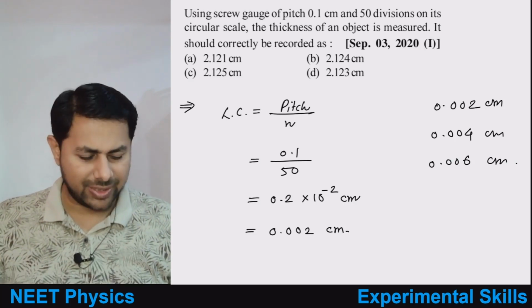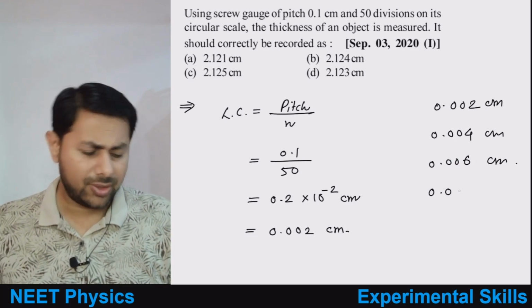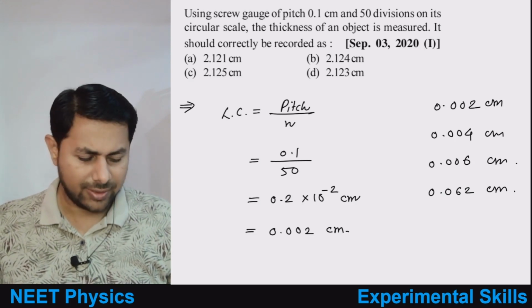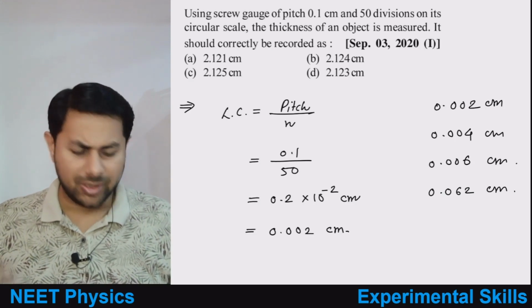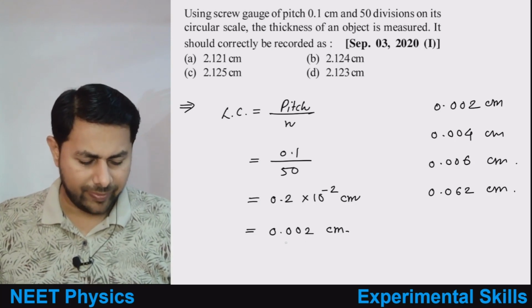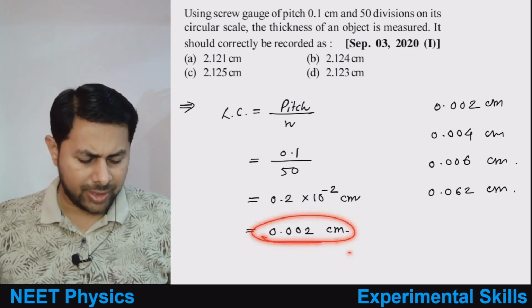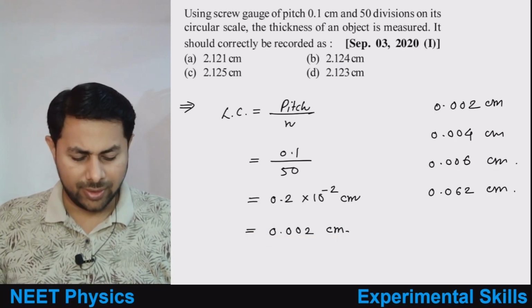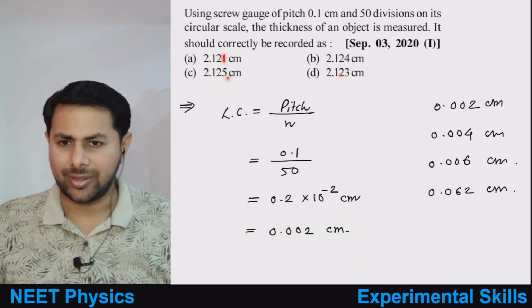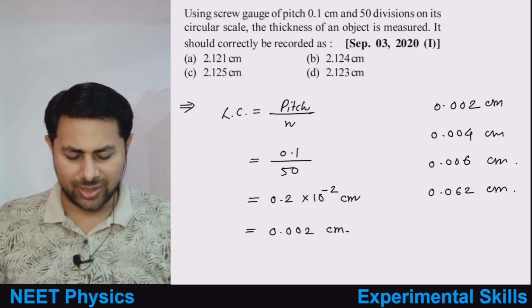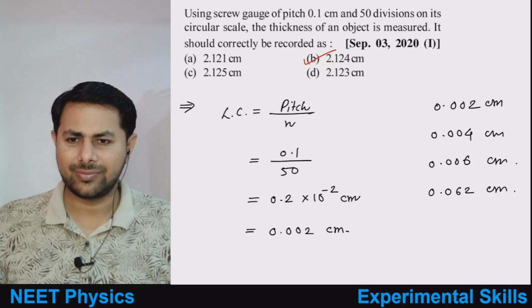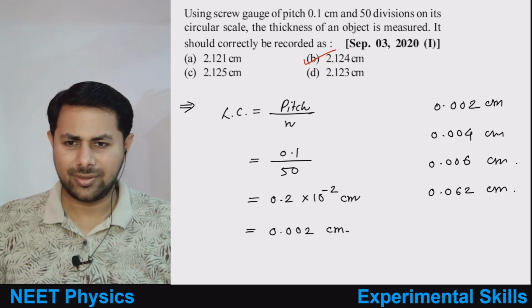So if you take 31 times of this, that would be 0.062 centimeters, right? Then you can take 500 times of this. Whatever reading that you take, it will be in multiples of this least count, and therefore the last digit cannot be odd. The last digit has to be even, and that's why this would be the answer, option B, right?